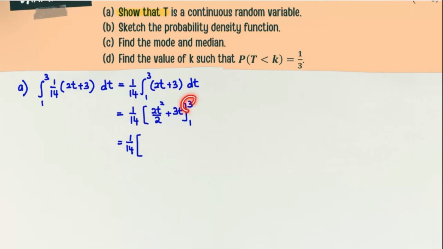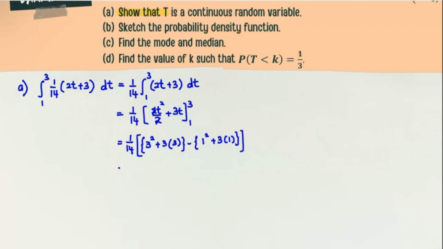So yang atas tolak yang bawah ya. So 3 pula. 2, 3 squared over 2. Kalau dia 2/2 tak perlu letak 2 ni lah. Kita potong-potong. So 3 squared plus 3 multiply by 3 akan minus dengan 1 squared plus 3 multiply by 1.